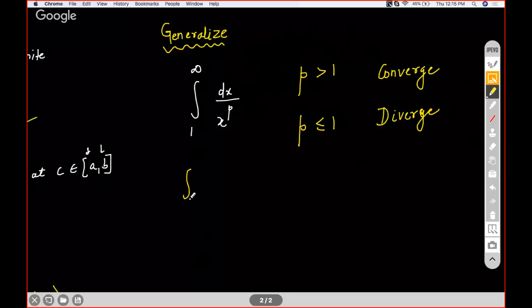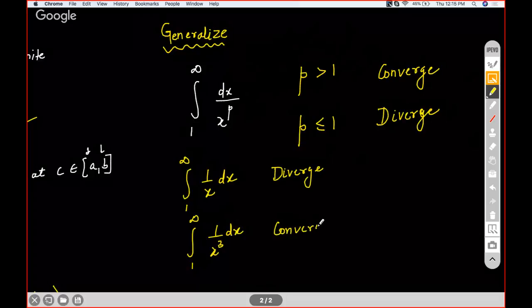So if I ask you integral from 1 to infinity of 1 by x, does it converge or diverge? It diverges, since p is equal to 1, less than or equal to 1. If I say 1 to infinity of 1 by x cube, does it converge or diverge? It converges. Is that fine? Just remember this, it's very useful.